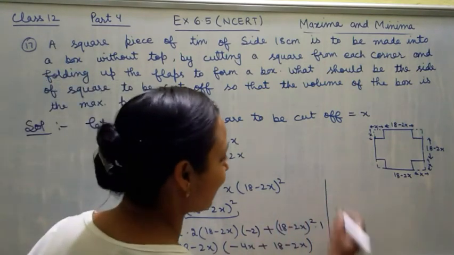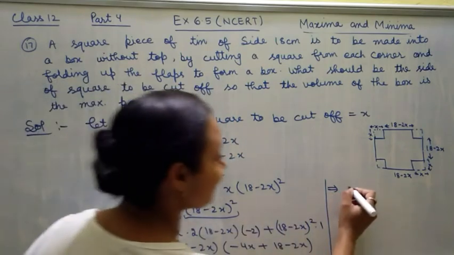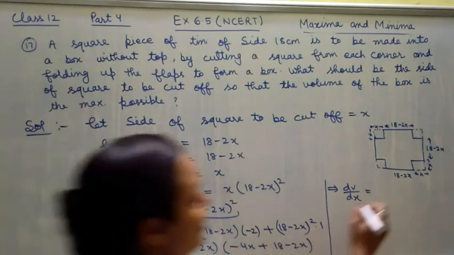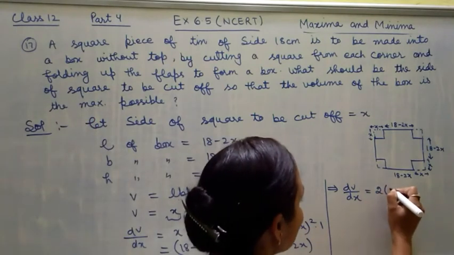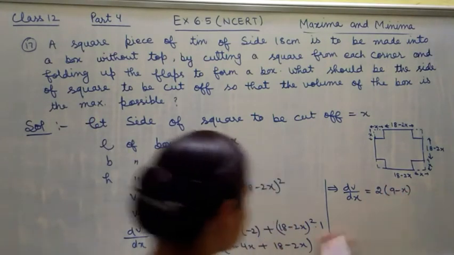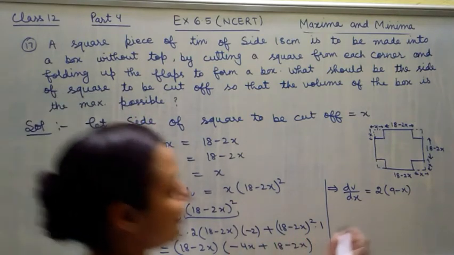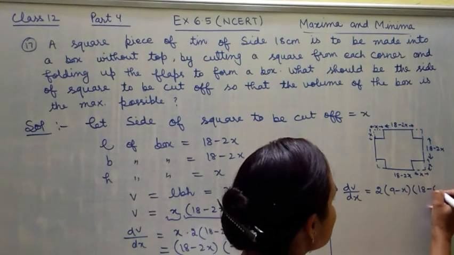Okay, after that dv upon dx is equal to 18 minus 2x, so I will take 2 common, that is 9 minus x, and here 18 minus 6x.